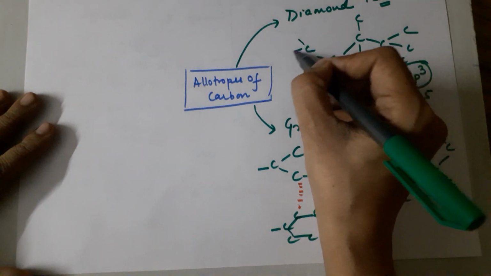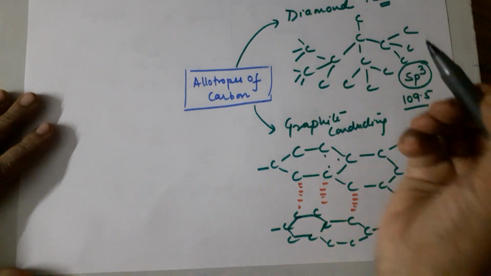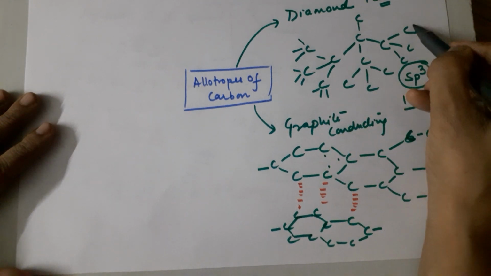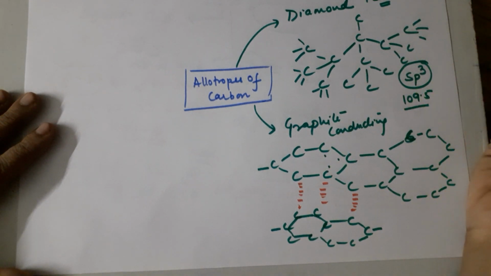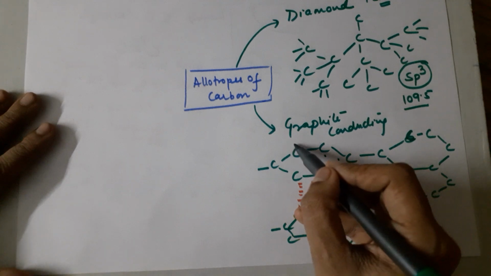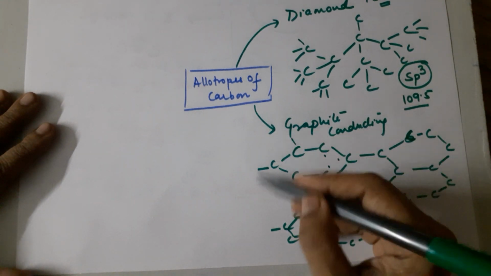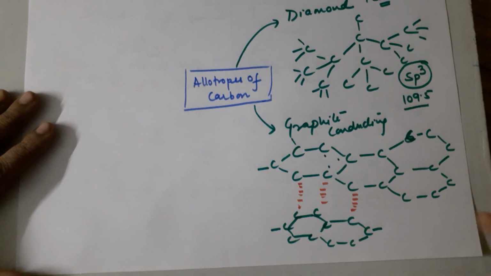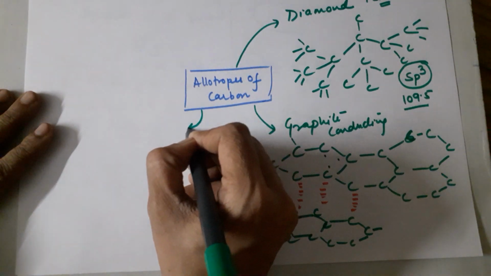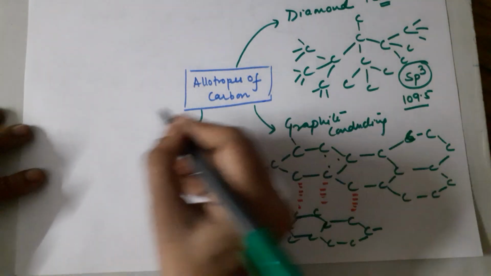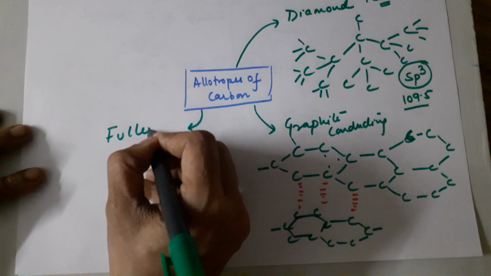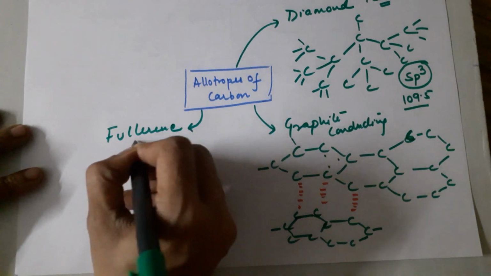So is true here. For diamond also, the ends are not sealed. There are free bonds here where something can bind, so they are reactive. Similarly, carbon also has got free bonds at the end, so it becomes reactive. The last and the latest allotrope is fullerene, which is also called as the Buckminster fullerene.